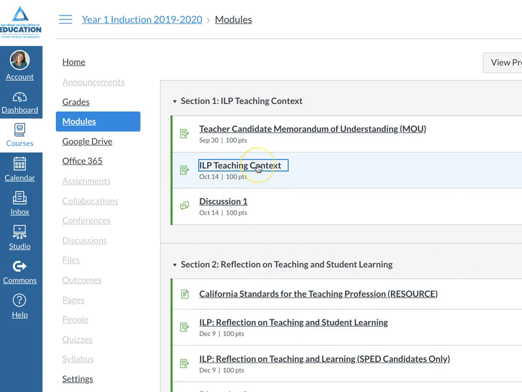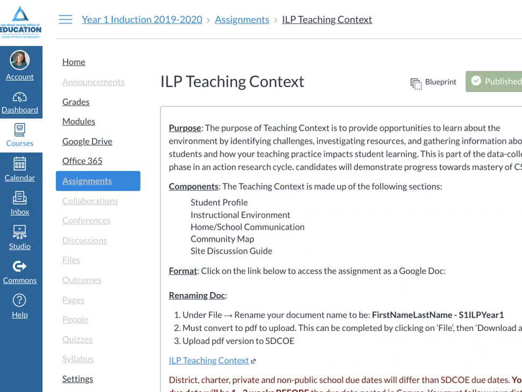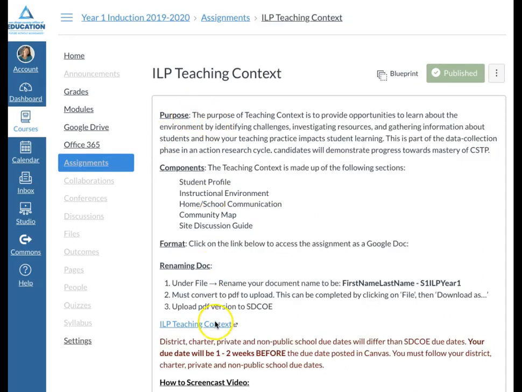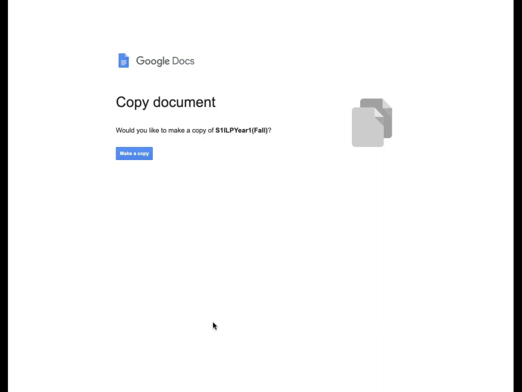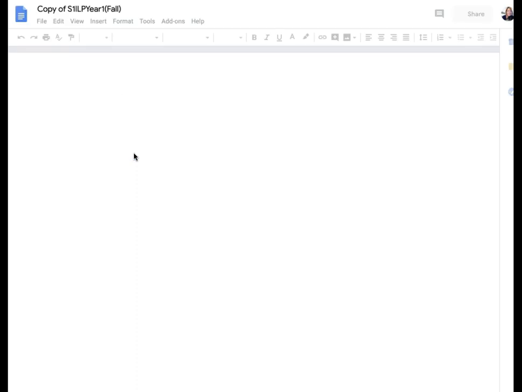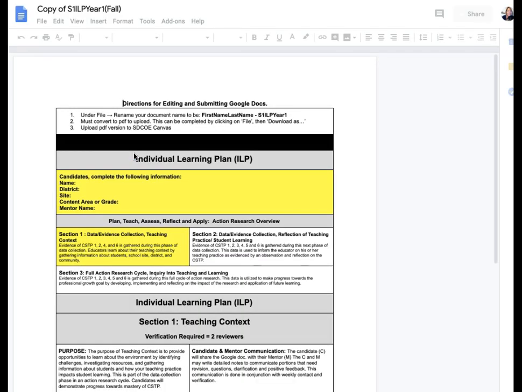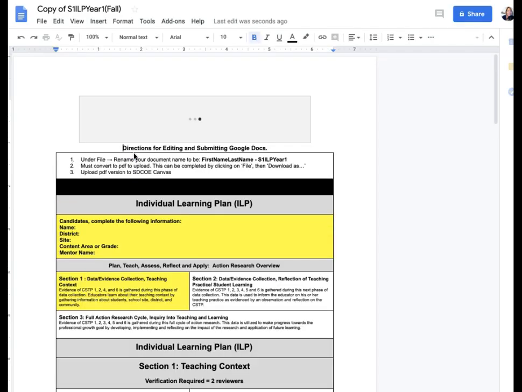But the teaching context, what you end up doing is downloading a Google Doc that is the actual document you're going to work on. They don't let you have the original, because that would be interesting. So you make a copy, and then you have your own form and information that you and I will work on together.